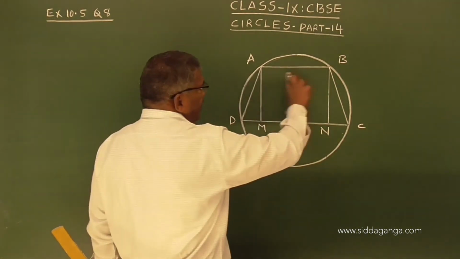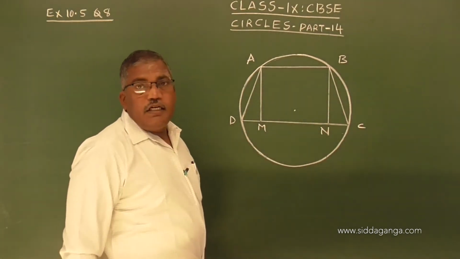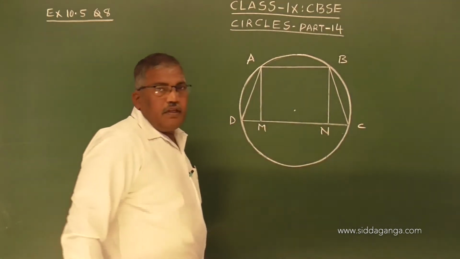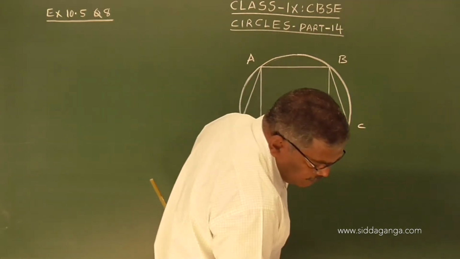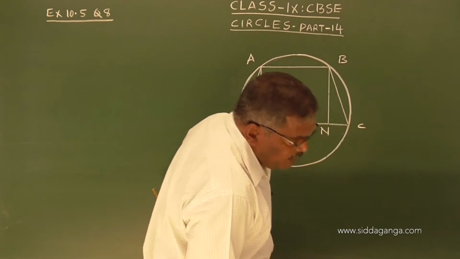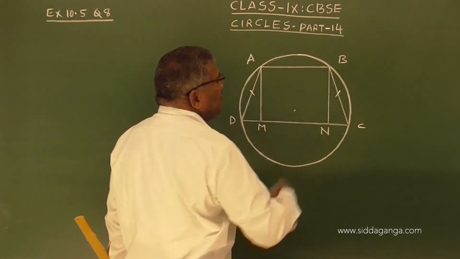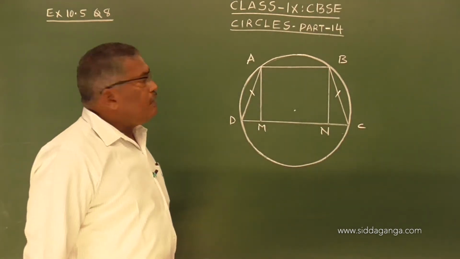When a pair of parallel sides are there in a quadrilateral, then we call it a trapezium. In this case, he says if the non-parallel sides of a trapezium are equal, that means AD equals BC.